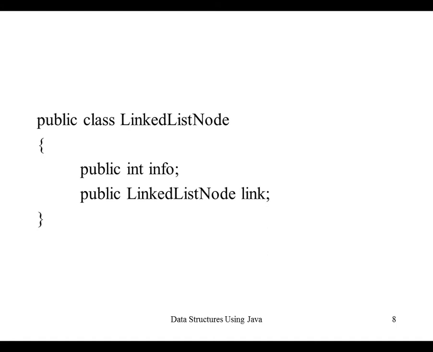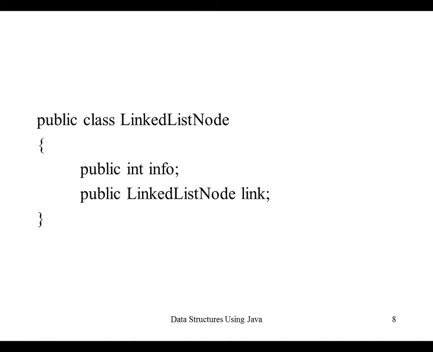For the previous linked list, the definition of the node is as follows. Suppose that data or info is of the type int. So we have this declaration of a node using a class: public class LinkedListNode, and the data in our node is stored in public int info, and the link of the node is public LinkedListNode link.